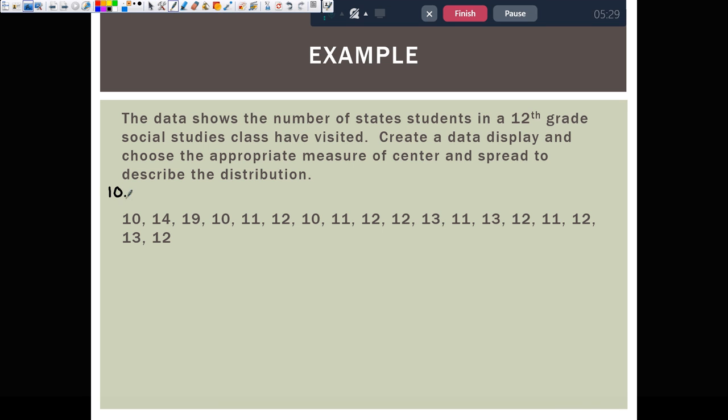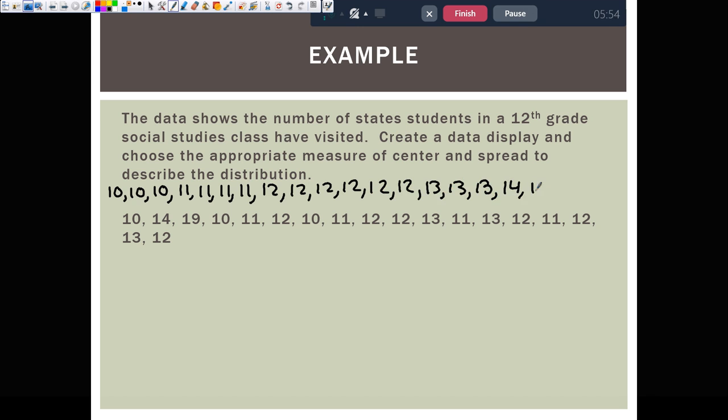So I have three 10s, four 11s, six 12s, and three 13s, a 14, and a 19.